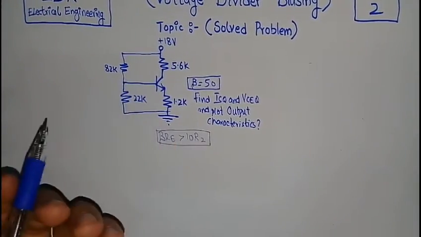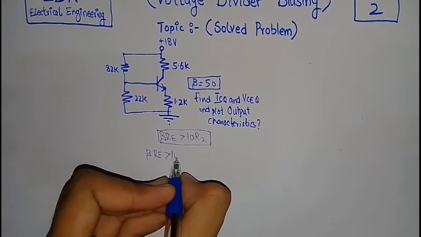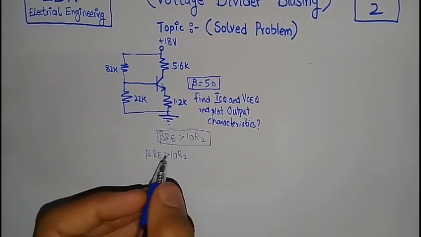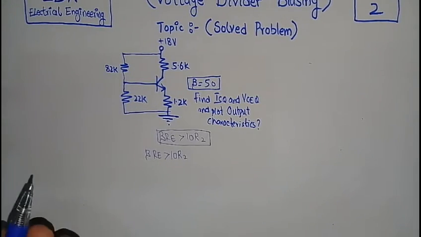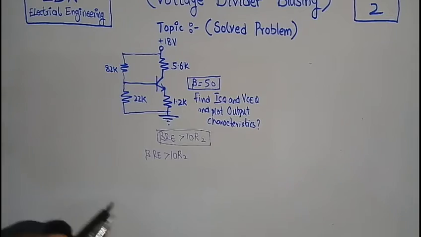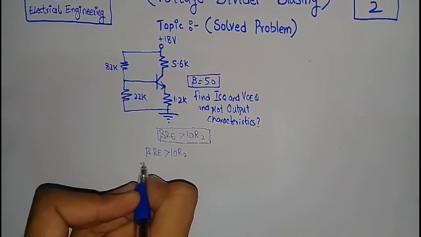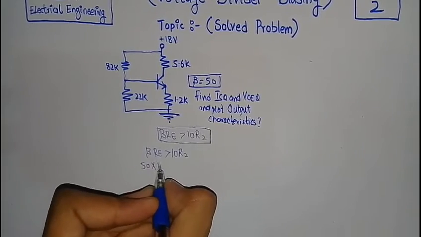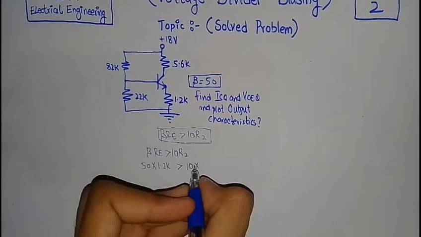In this circuit, first of all we will check the condition beta times Re is greater than 10 times R2. If this condition is satisfied, then we will apply approximate analysis, otherwise we will apply Thevenin's analysis to solve this circuit. So guys, put the values. Beta is 100, multiplied with 1.2k, is it greater than 10 into 22k?